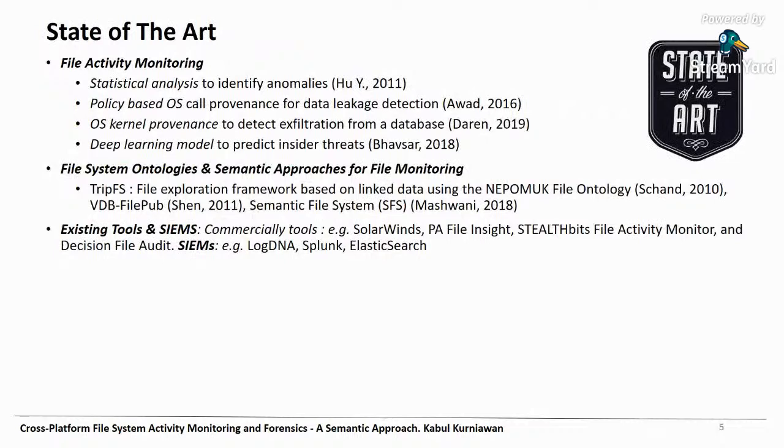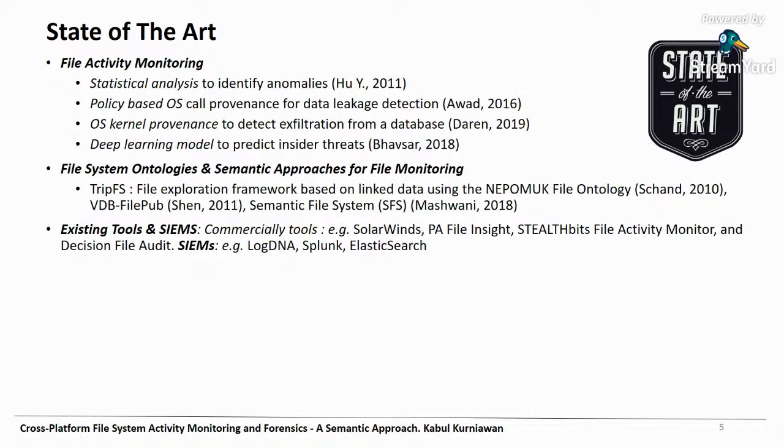So there are several approaches proposed by some researchers. File activity monitoring here uses statistical analysis to characterize legitimate file access patterns and compare those to file access patterns of recent activities to identify anomalies and data detected by the exploited insiders.